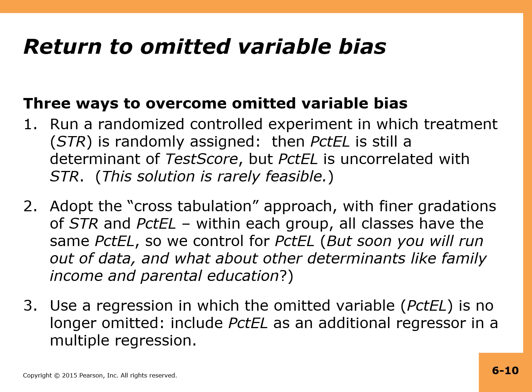You may not have enough data to have a match for each percentage of English learners. The last and the best solution for dealing with omitted variable bias is to include whatever variable is missing. And you'll have more than one regressor.